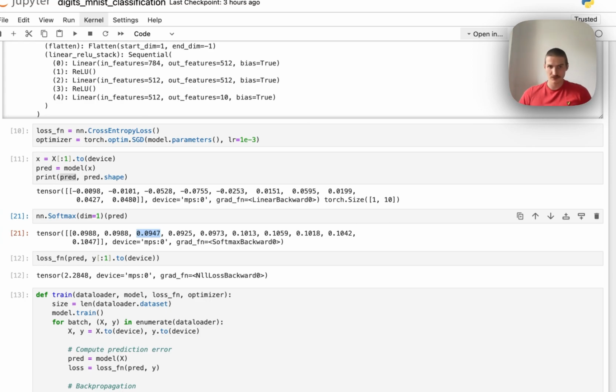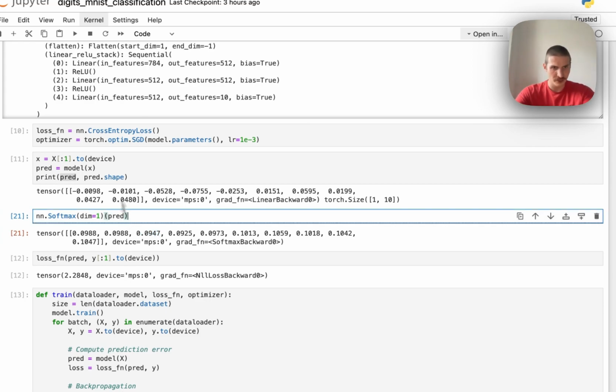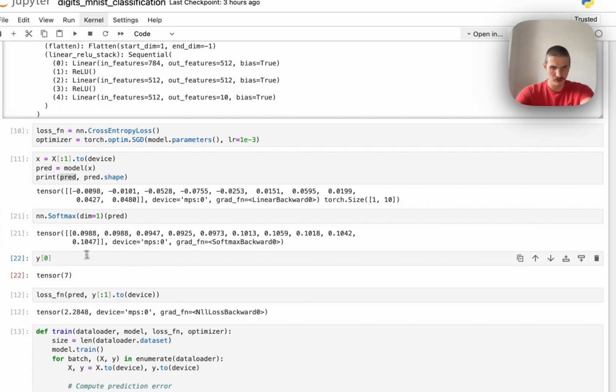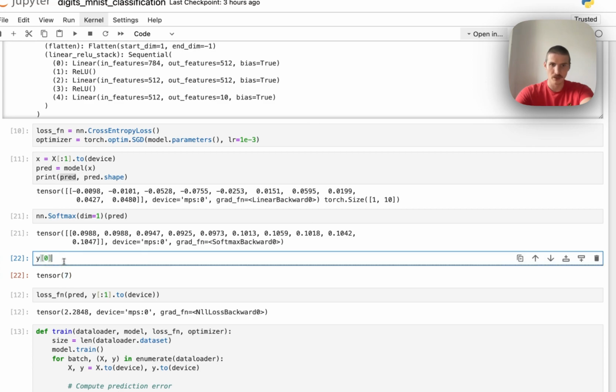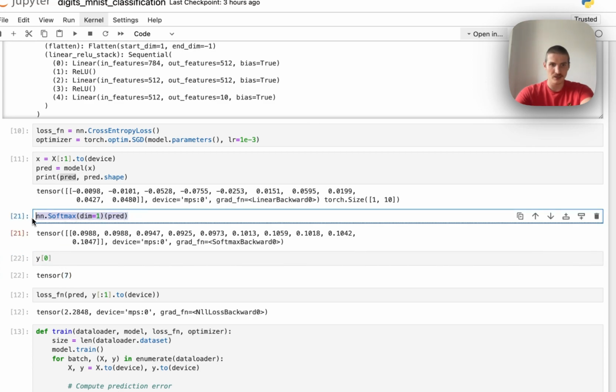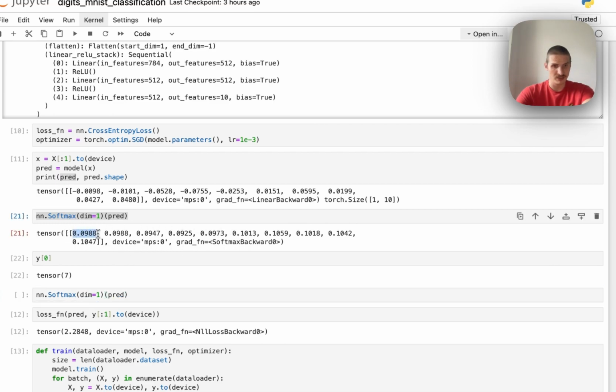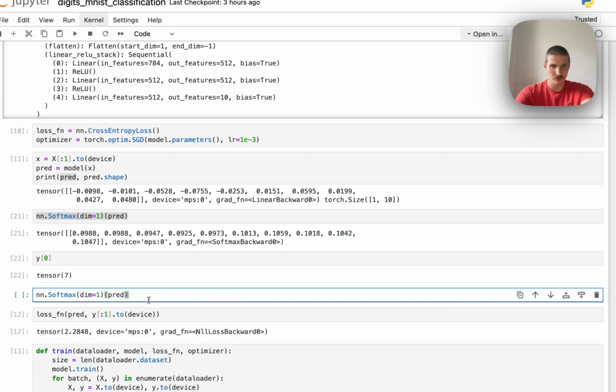Then to get the actual loss, we also need the label, which is 7 in this case. So we get the predicted probability for this specific label, even if it is not the max here.